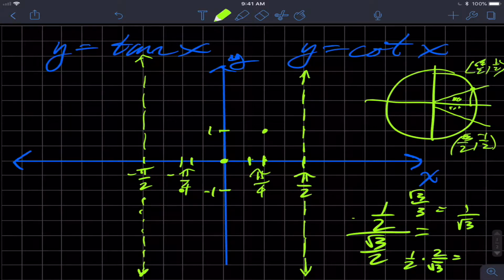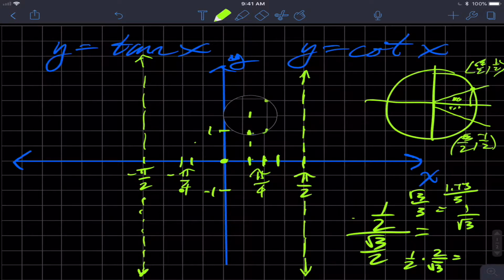Radical 3 over 3. Hopefully we understand that radical 3 is about 1.73, and 3 divided into that is 0.6 something. So pi over 6 turns out to be, as I said, 0.57 and change.